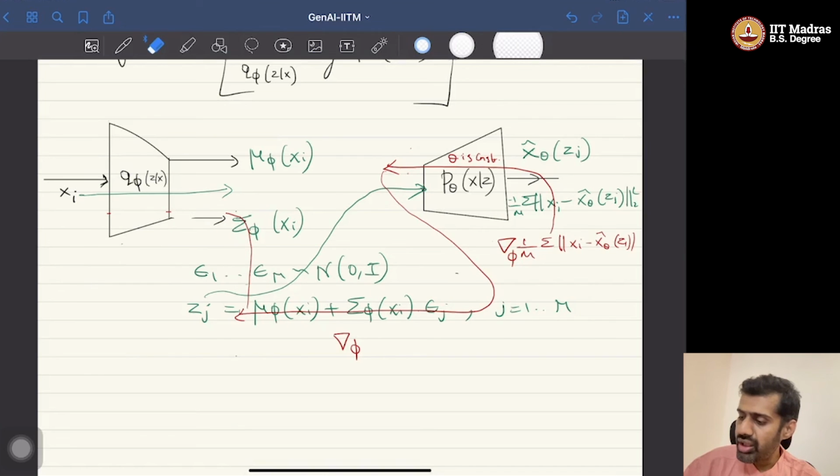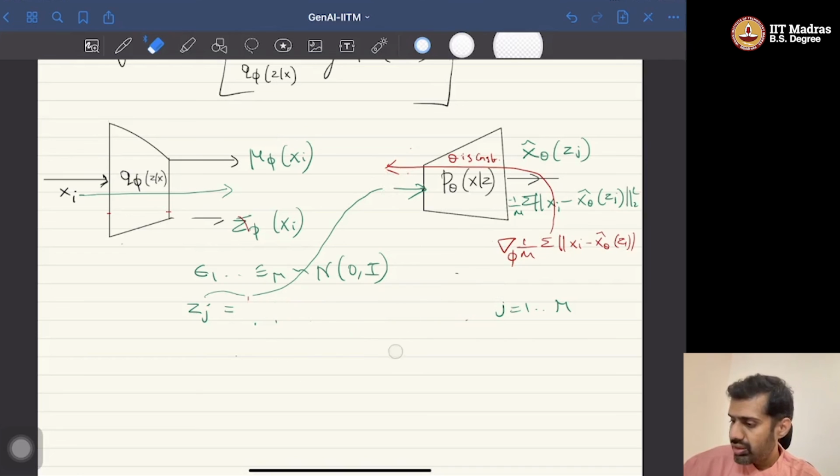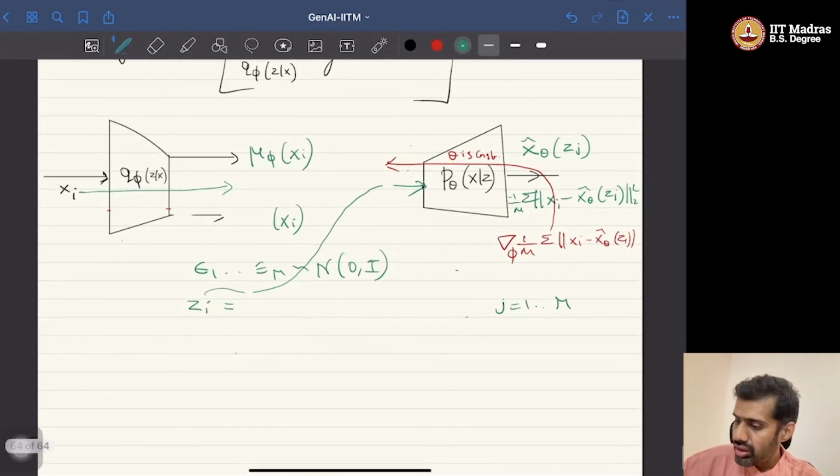The forward pass remains exactly the same, but the reverse path only stops here. So here the forward path does not change. It's the same as that of the encoder.